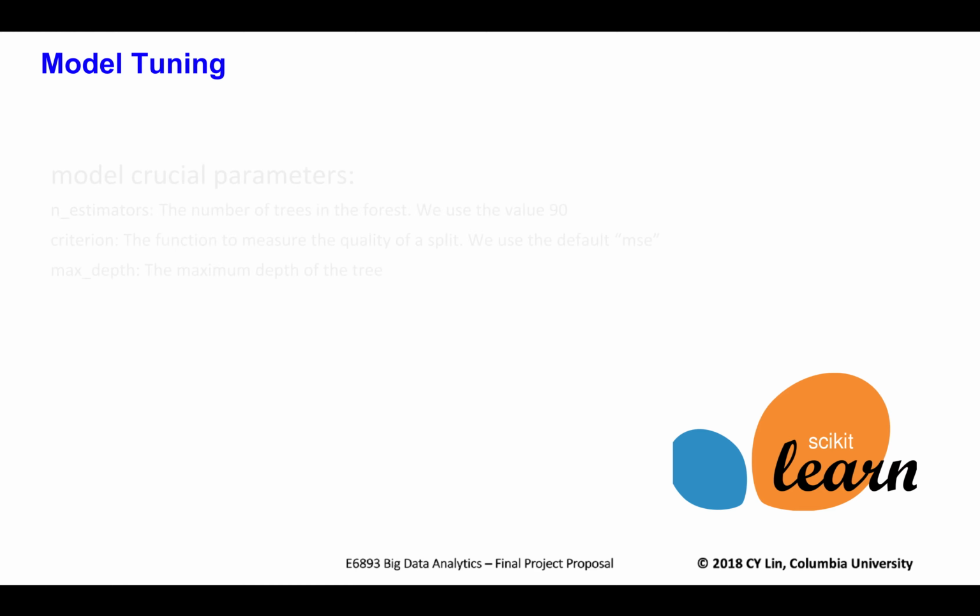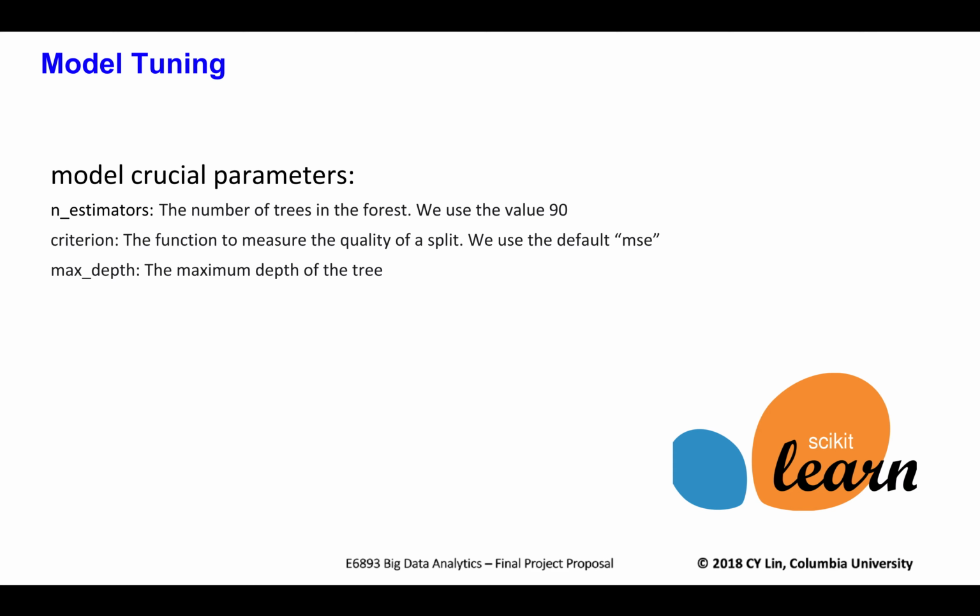Then we have to do the model tuning. We use three crucial parameters of the random forest regressor algorithm. The first is n estimators, which is the number of trees in the forest, and we use the value of 90 because it's a trade-off value with which both fast running speed and a great result can be achieved.